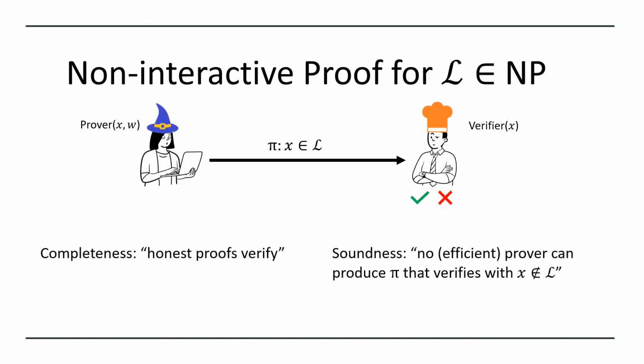Two core properties of such a proof system are completeness and soundness. Completeness says that honest proofs of true statements verify, and soundness says that false statements should never verify. When we limit the prover to be efficient in soundness, we call this an argument system. But in this talk, I will be using proof and argument interchangeably.